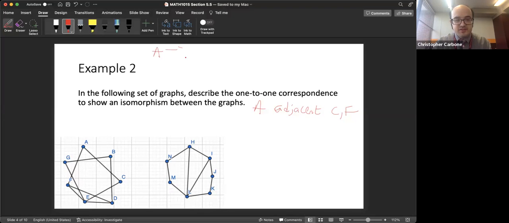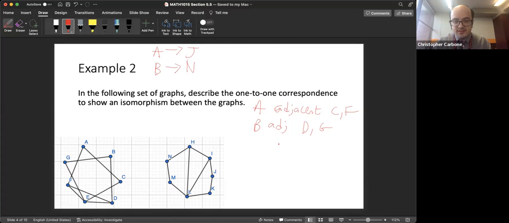A corresponds with J. The next one is B, and I'm going to abbreviate adjacent every single time I write this, since we have so many. B is adjacent to G and to C. And the one it corresponds with on the second graph is this point here, N. So B corresponds to N.